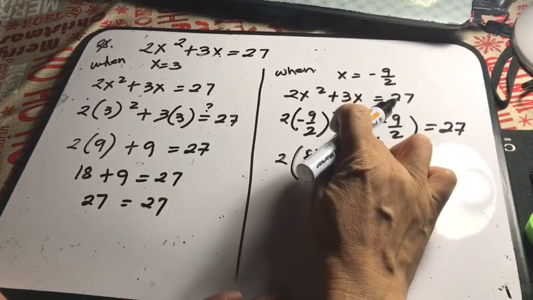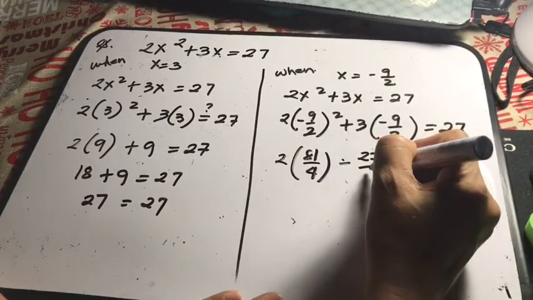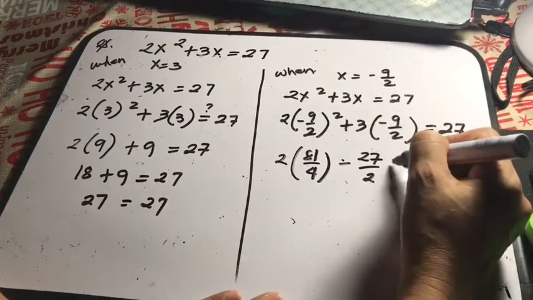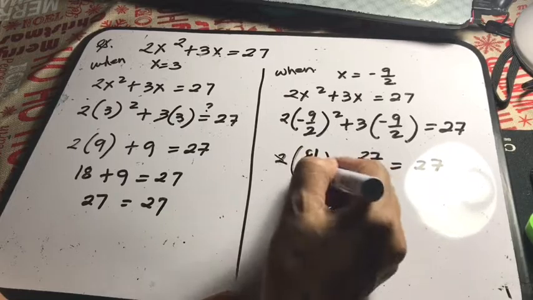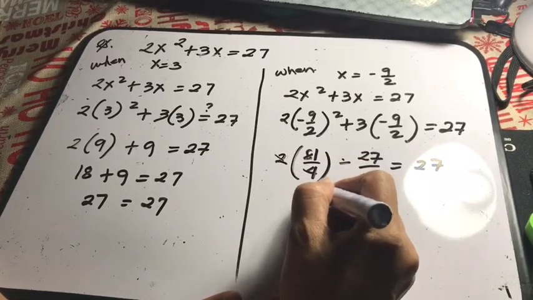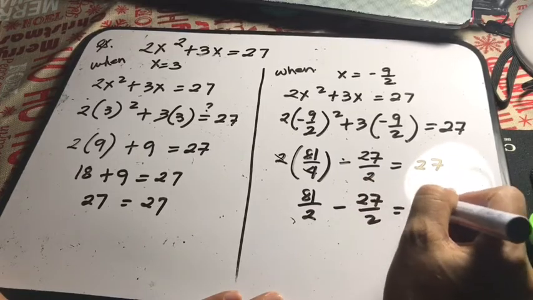Plus minus, so we have negative 3 times 9, which is 27, over 2 equals 27. So this is 2 and 2. We have 81 over 2 minus 27 over 2 equals 27.